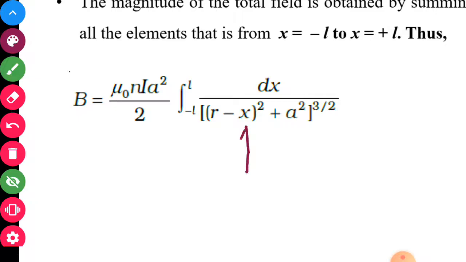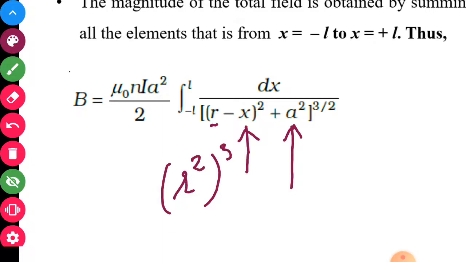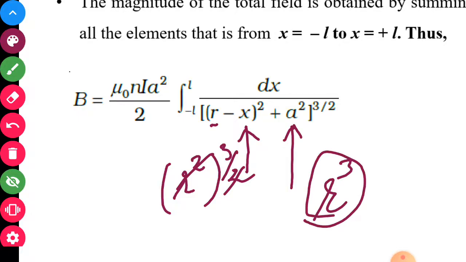This x can be neglected, then this a square can be neglected. So here you will have r square raised to 3 by 2, so the 2 will cancel out, you will have only r cube, and that distance is constant. The point at which we want to find the magnetic field does not change its position every now and then. So distance r cube is also constant, so it is also taken out of the integration.